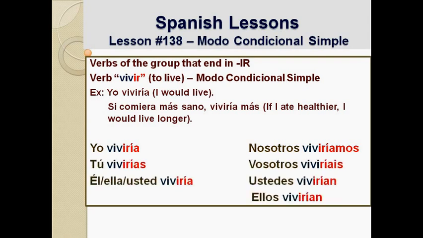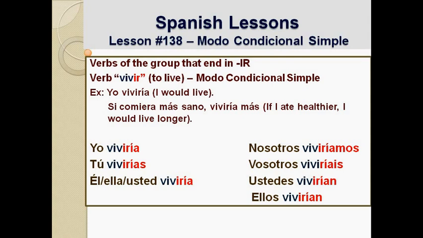So we say, yo viviría, tú vivirías, él, ella, or usted viviría, nosotros viviríamos, vosotros viviríais, ustedes vivirían, and ellos vivirían, or they would live. So this is how we conjugate the modo condicional simple in Spanish, okay?